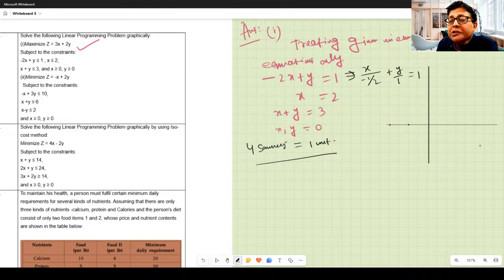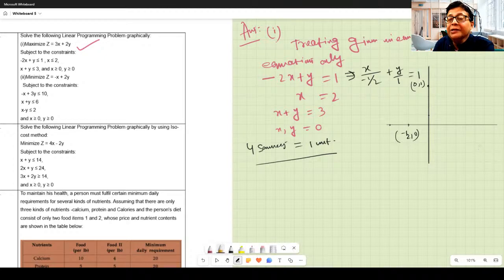So this point is going to be half of 1 unit, that is minus half, 0, and 1 unit over there, 1, 2, 3, 4. These 4 squares will give you 1 unit. So in our calculation, this is 0, 1. So now draw the line.